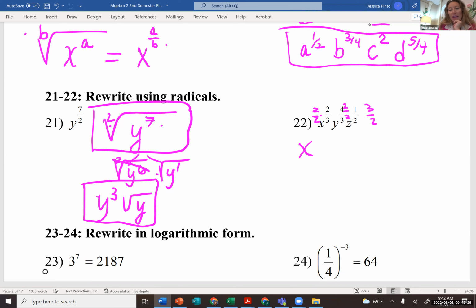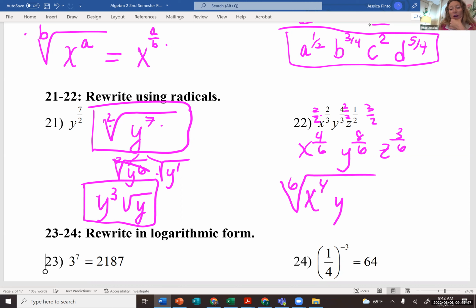So that's going to give me x to the 4 over 6, y to the 2 times 4, 8 over 6, and then z to the 3 over 6. Now that they all have the same index, they can go together in the same radical. The radical is going to have the 6. We're going to have x to the 4, y to the 8, z to the 3rd power.